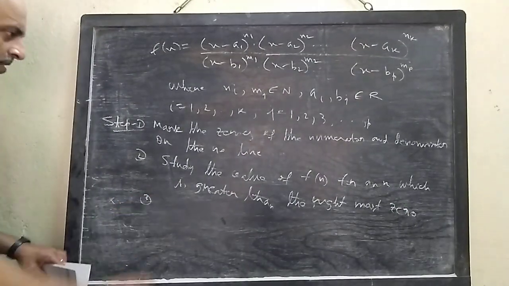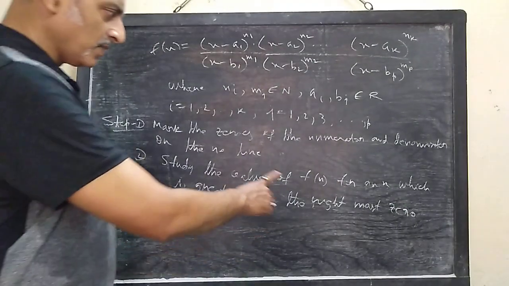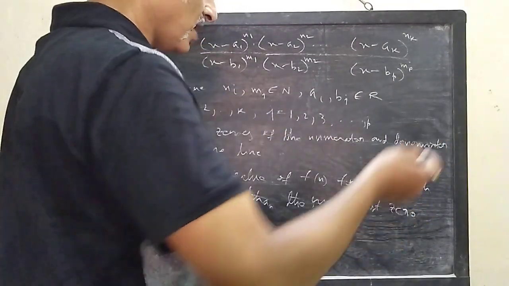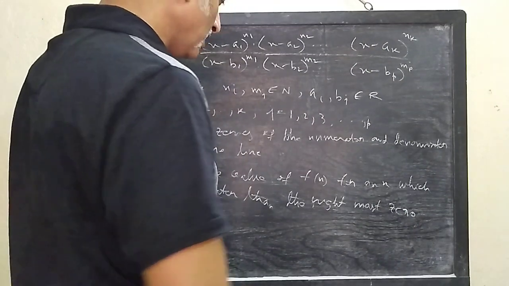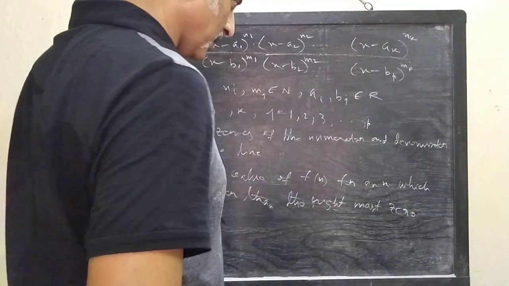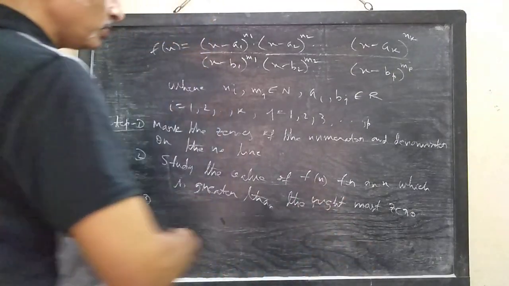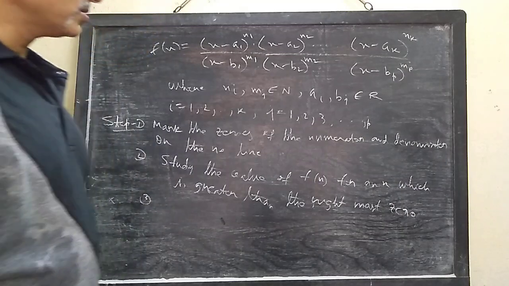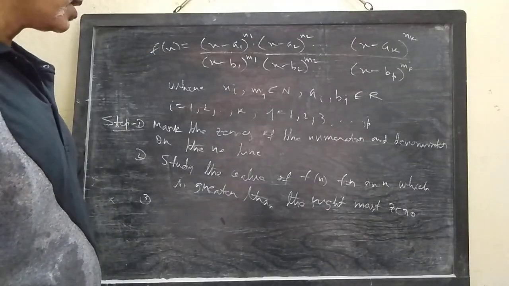Step 3. If you find this value positive, then start your graph from the upper part of the real line. If you find this value negative, then start your graph from the lower part of the real line, and then go through all the zeros you have marked on the number line.